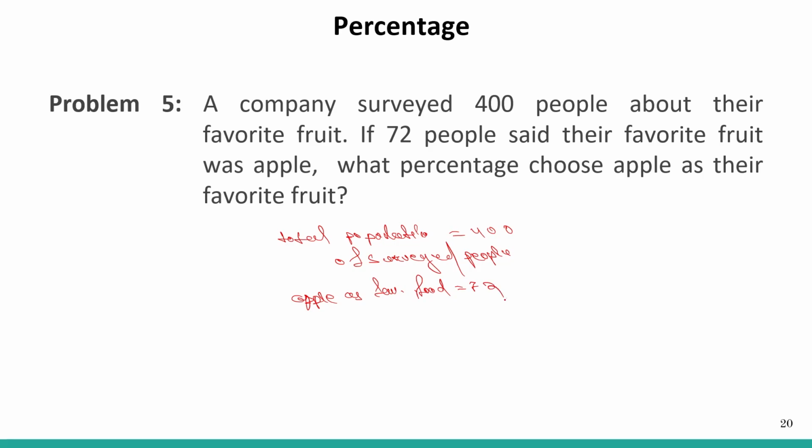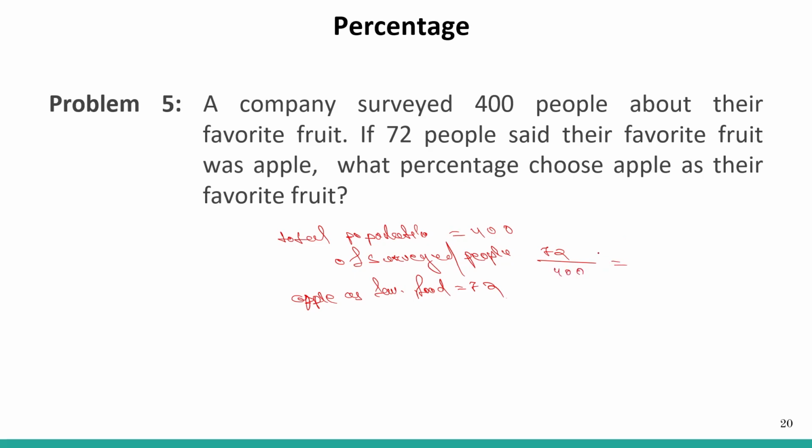So what percentage chose apple as their favorite food? If we divide 72, the number of people that chose apple as favorite food, by the total population who were surveyed in the company, that is equal to 400.